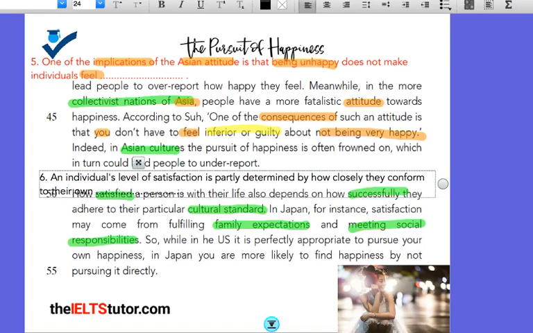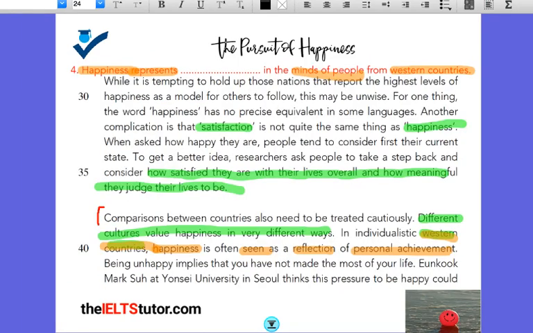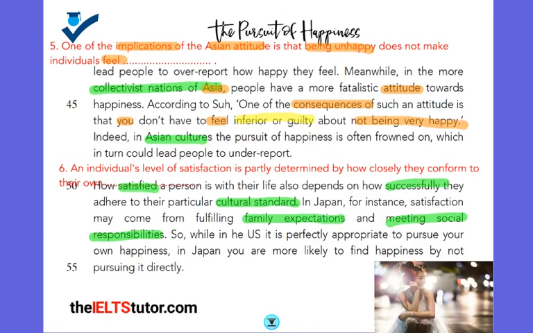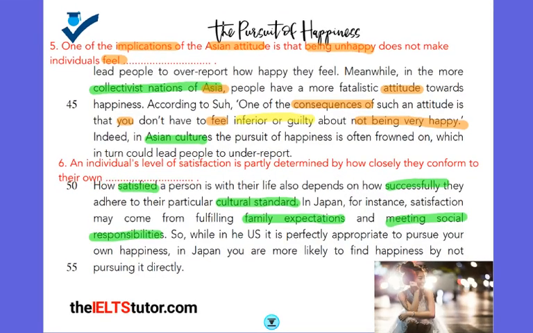Okay. All right, let me see if I can format this properly. Okay, an individual's level of satisfaction is partly determined by how closely they conform to their own what.